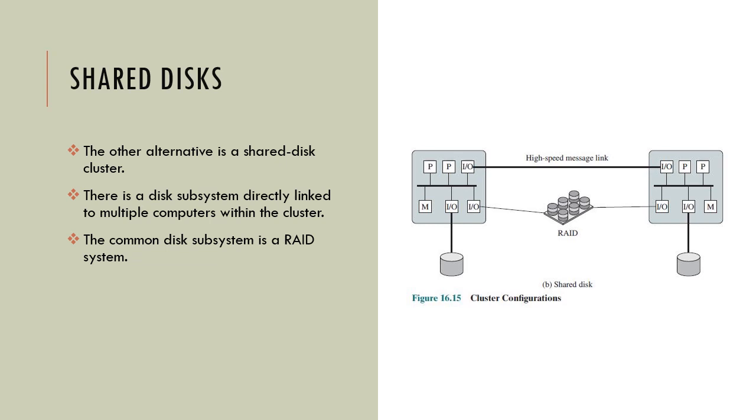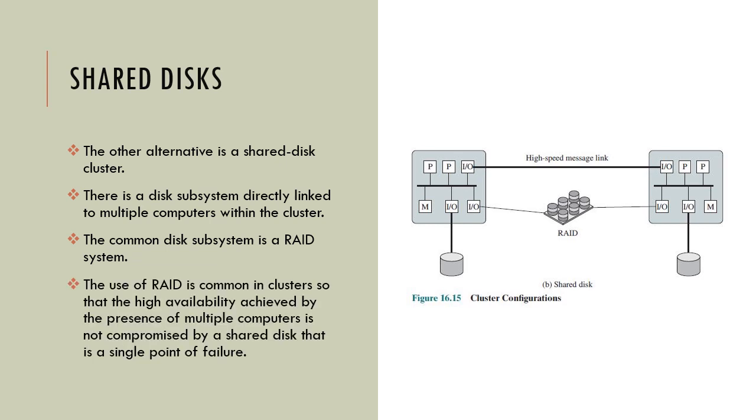If you remember, I asked you to read about the RAID when we were talking of IO management. The use of RAID is common in clusters so that the high availability achieved by the presence of multiple computers is not compromised by a shared disk that is a single point of failure.